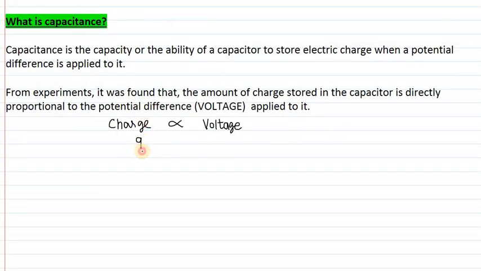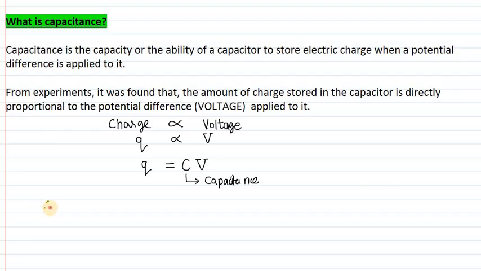So we'll say the charge Q is directly proportional to the voltage or the potential difference applied to the capacitor. Now if you write down here the sign of equality, then we should put a constant of proportionality here. Let that constant of proportionality be C, and this constant of proportionality C is called the capacitance.